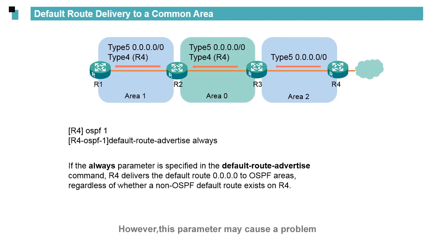However, this parameter may cause a problem. If the link connected to R4 is faulty, R4 still delivers the default route to OSPF areas. Because R1, R2, and R3 cannot detect the link fault, packet loss occurs.